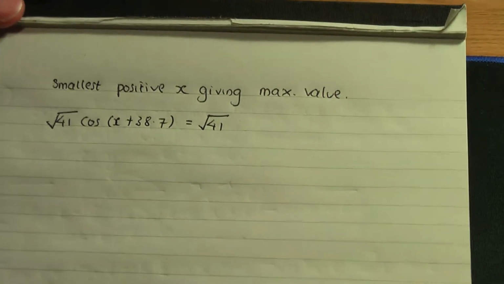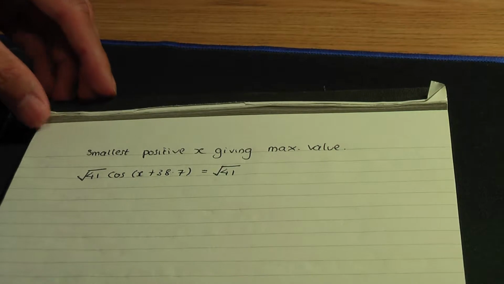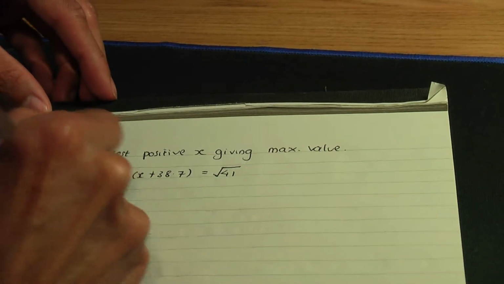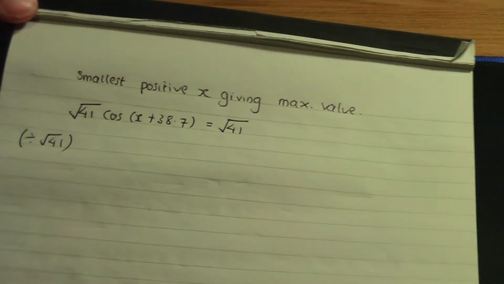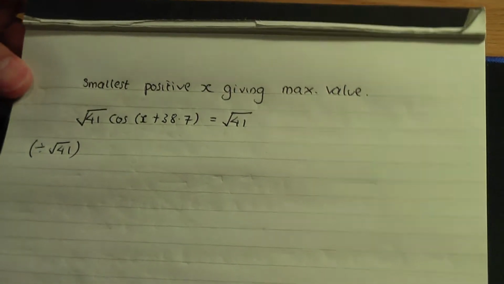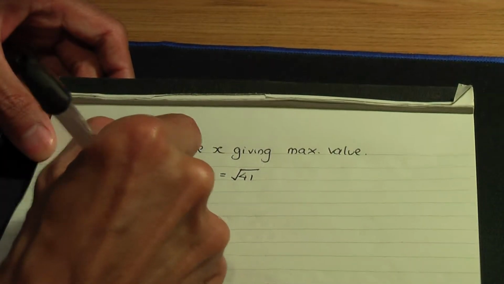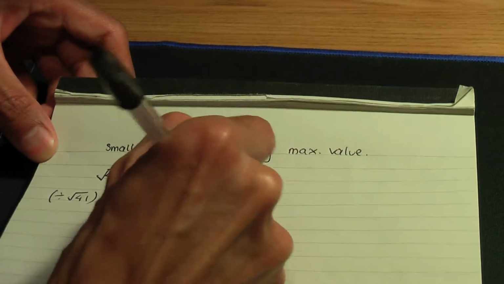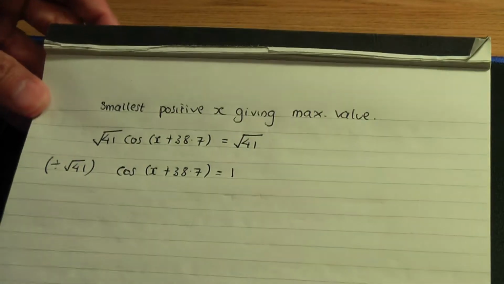Okay, so I hope you can see that. In the next step, I'm going to divide both sides by root 41. So if I divide by root 41, we're solving cos x plus 38.7 equal to plus 1 on the right.